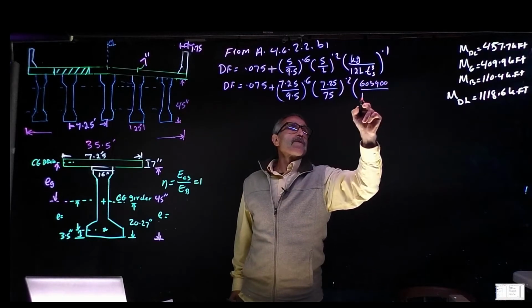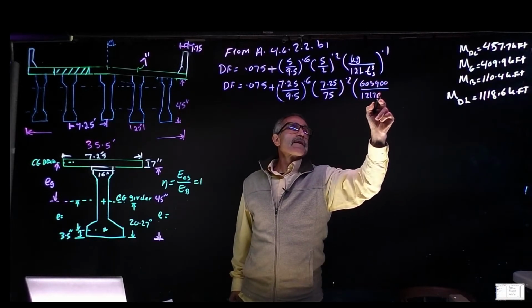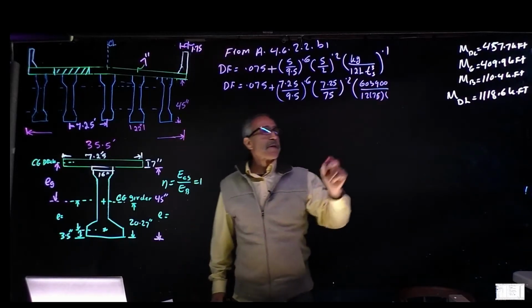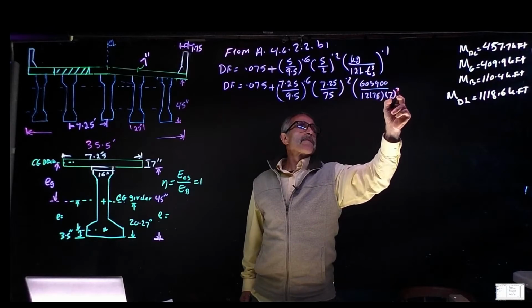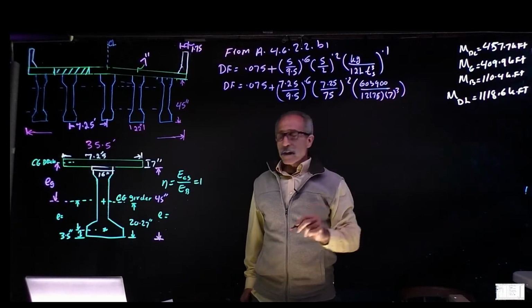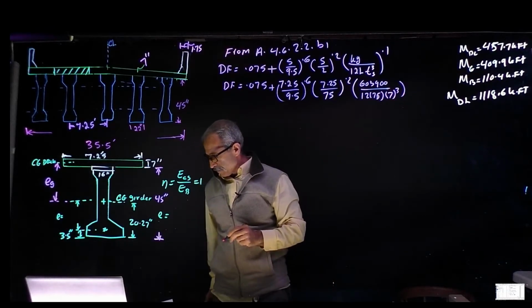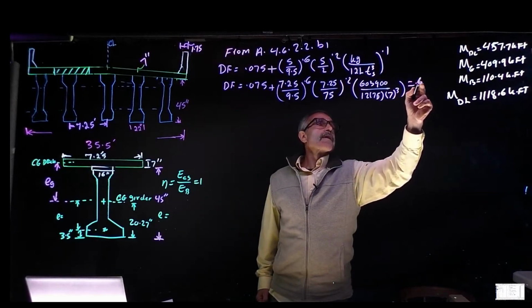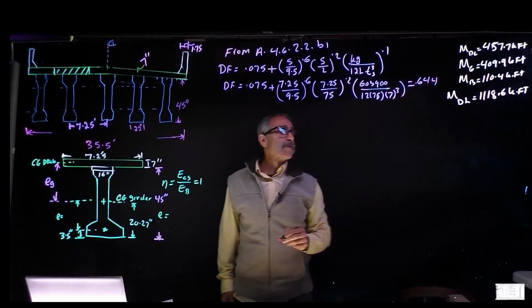Divide that by 12 times 75 times 7 to the power of 3. And that comes out to 0.644. So that's our distribution factor.